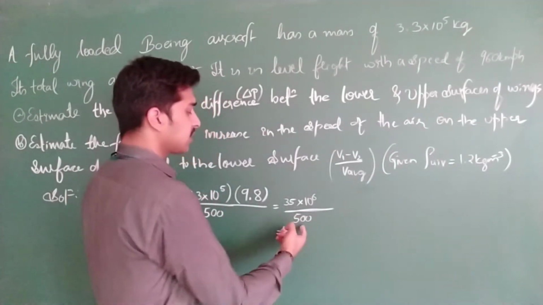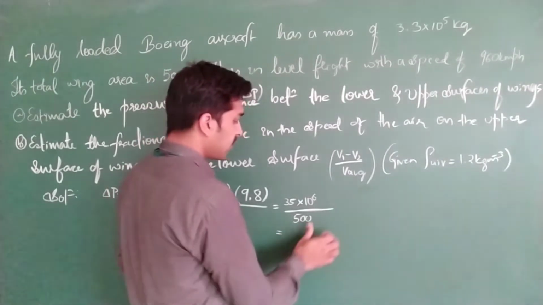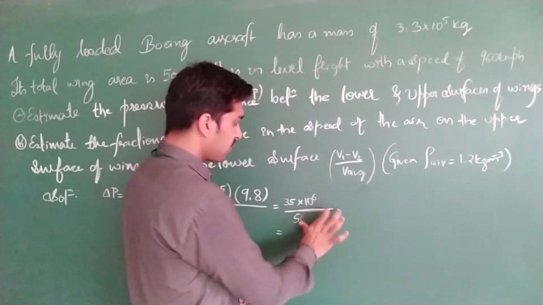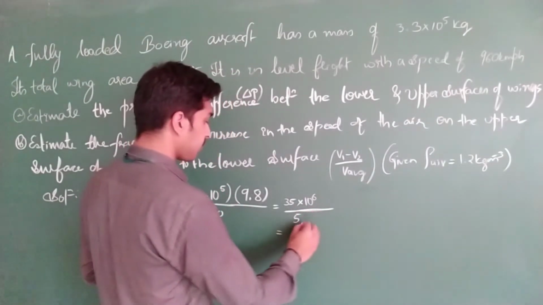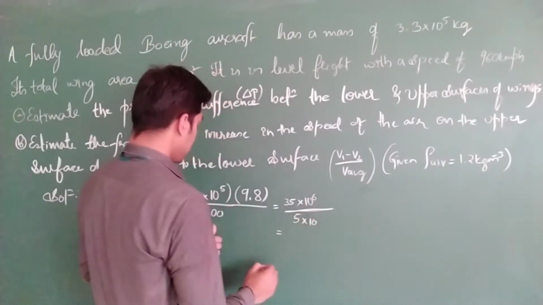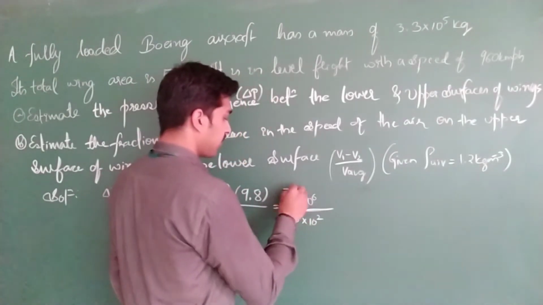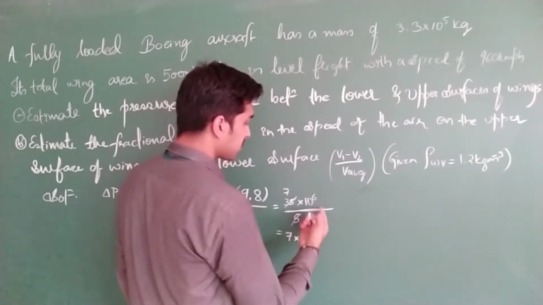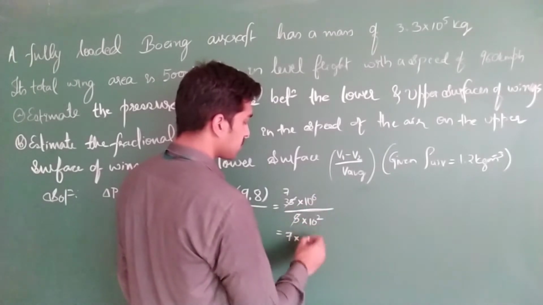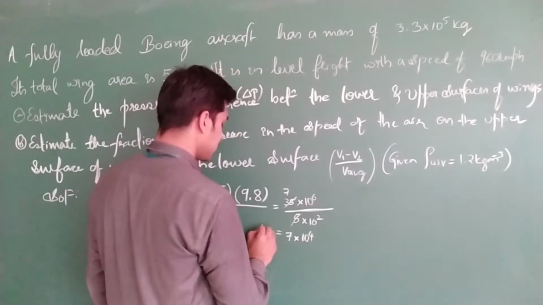So basically here is two shift decimal, if I shift, what I can write? 5 into 10 square. 5 sevens are 35. 10 to the power of 6 minus 2 means 10 to the power of 4. This is equal to how much?